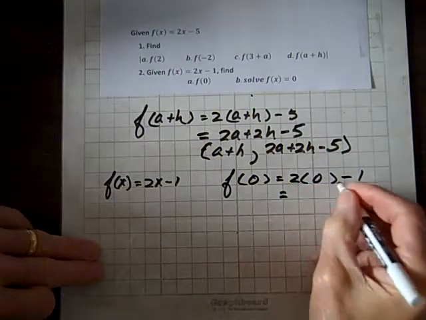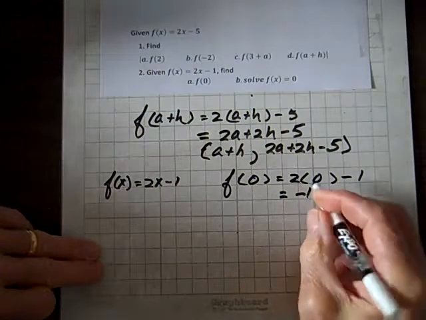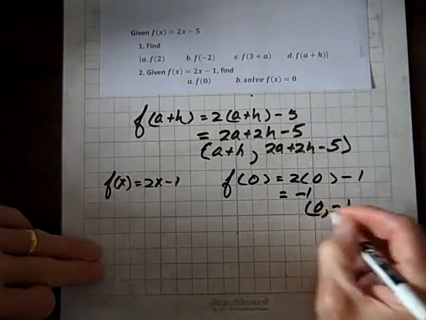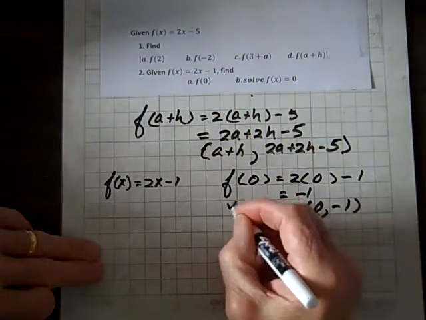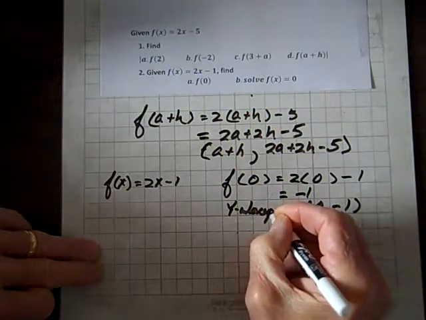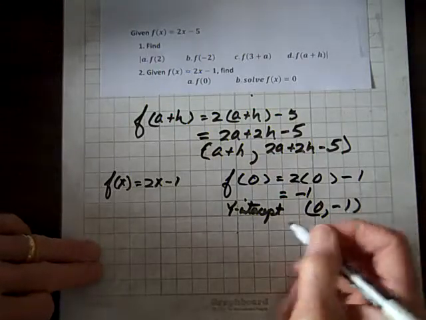And 2 times 0 is 0, so we get 0 minus 1 is just minus 1. So our ordered pair would be 0, minus 1. And by the way, this is a y-intercept, isn't it? X coordinate 0, y coordinate minus 1.